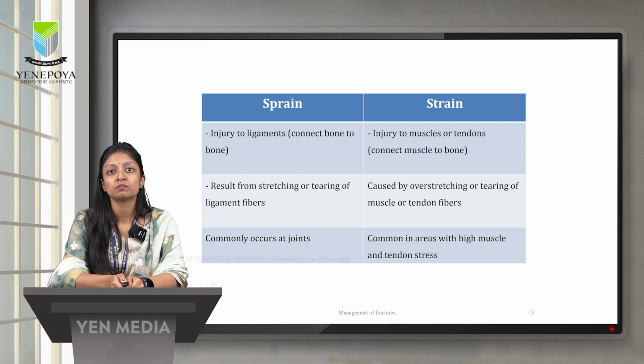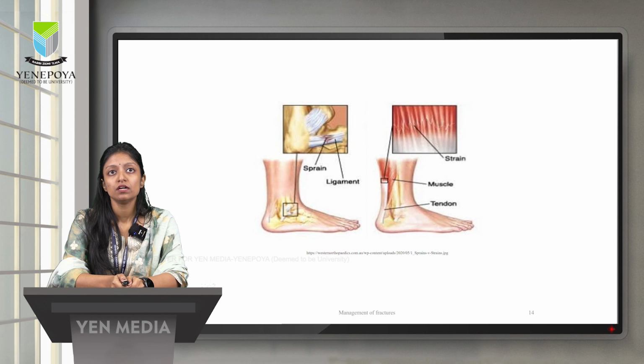Whenever we experience muscle spasms, it is because we are experiencing a strain. As you can see here, sprain occurs in the ligaments, joints or around the bone, whereas strain occurs in the areas of high muscle tension when there is a muscle pull or muscle spasm.